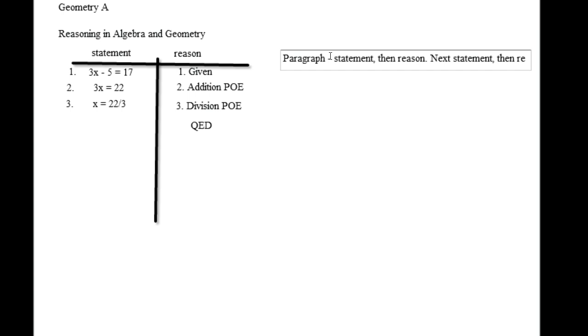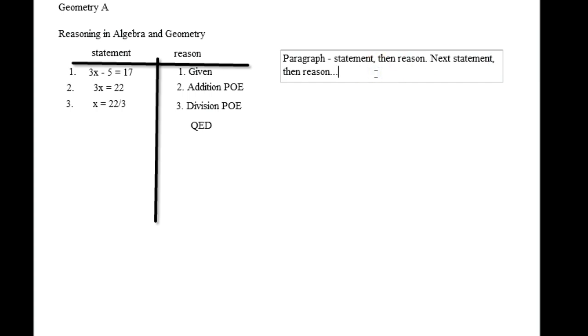Now if you really want an in-depth look at how we do a proof, please understand there's going to be 3 different types. There's going to be paragraph proof, where it's going to be statement, then reason, period, next statement, then reason, and then so on until you get to the actual answer.